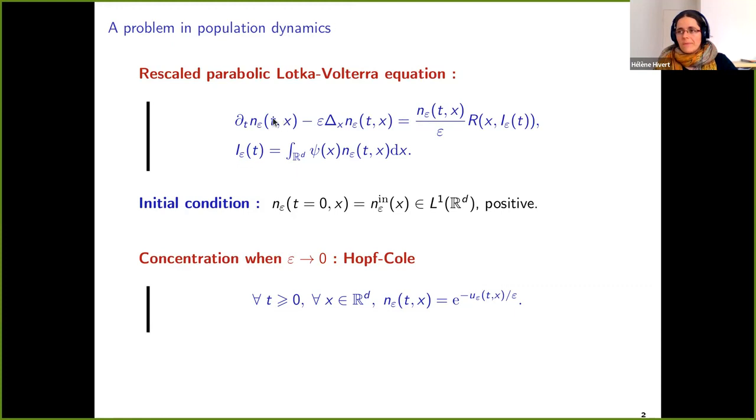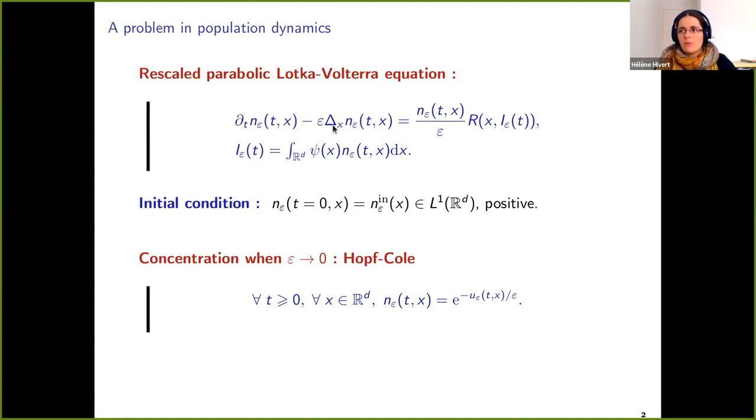But to study this concentration, it is a bit complicated if we consider only this quantity n, because here n is expected to be very regular. You can consider that this is a reaction diffusion equation, and thanks to the Laplacian, you can expect regularity from n.